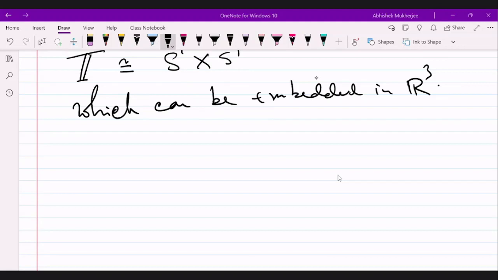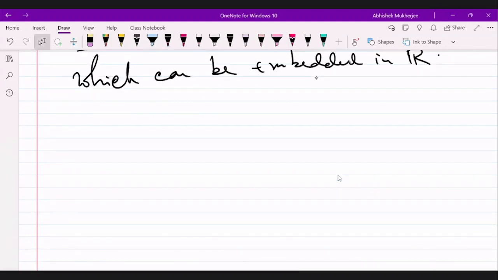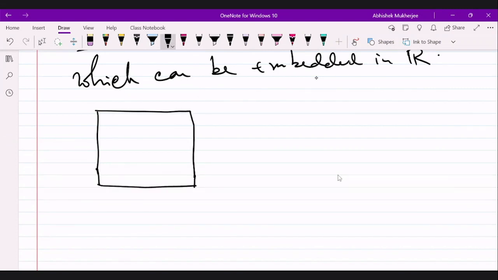So this space can be formed using the unit square by identifying its edges, right? First of all, if you glue this edge and this one, it will form a tube.